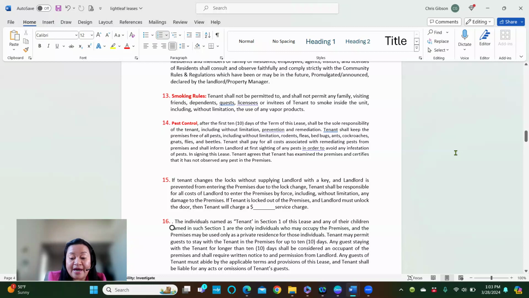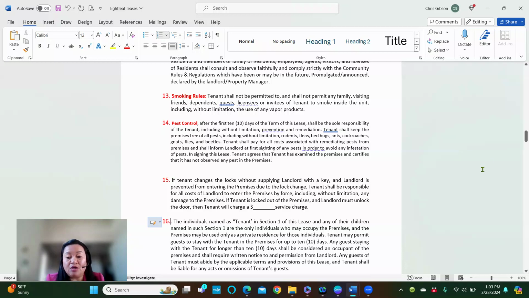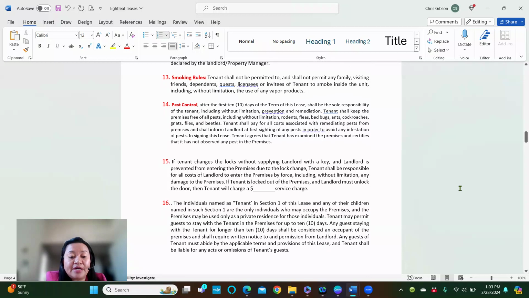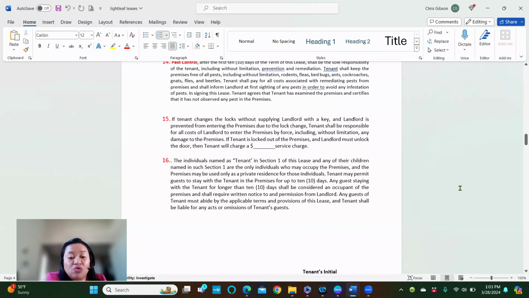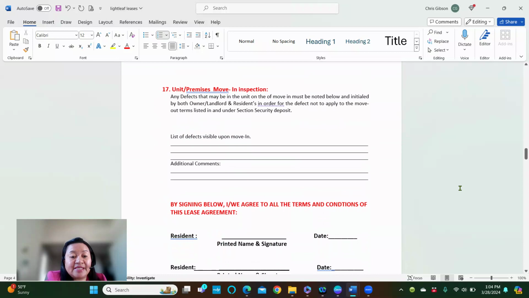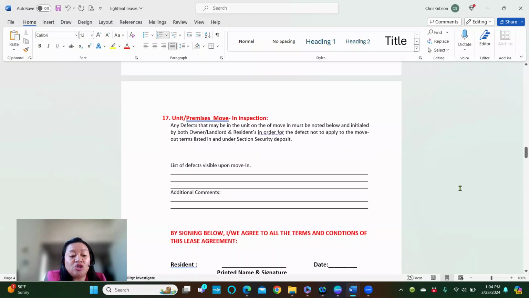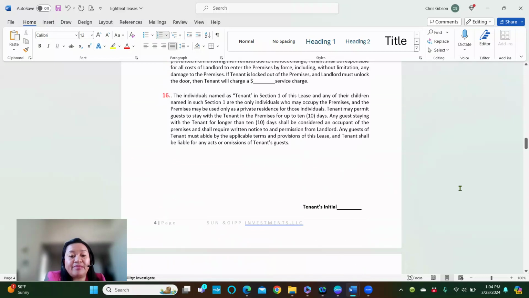So I include here the changing locks, and also the individual name as tenant in section 1. Number 16, and then the last is 17, unit or premises move-in inspection. So all of this is included in my lease agreement.